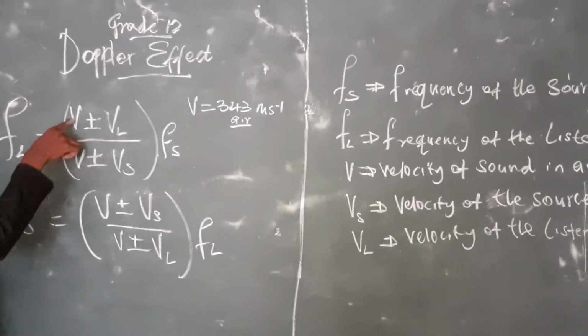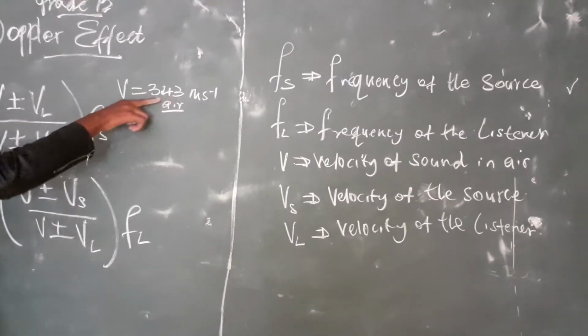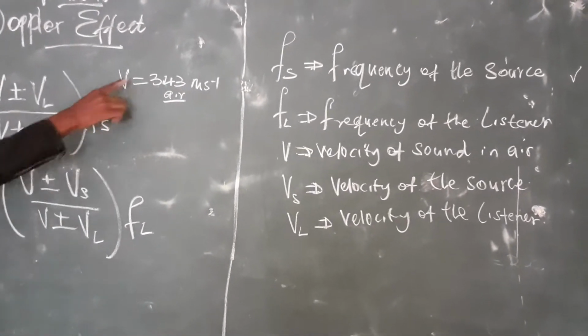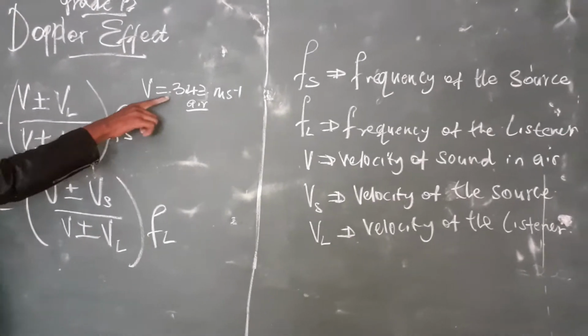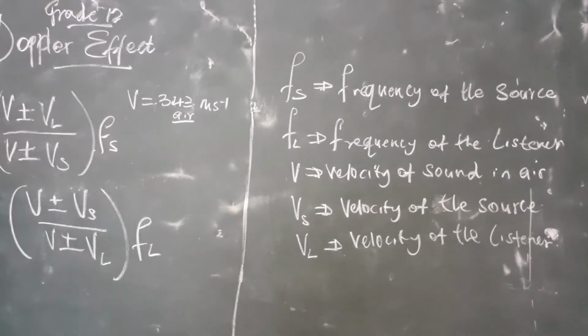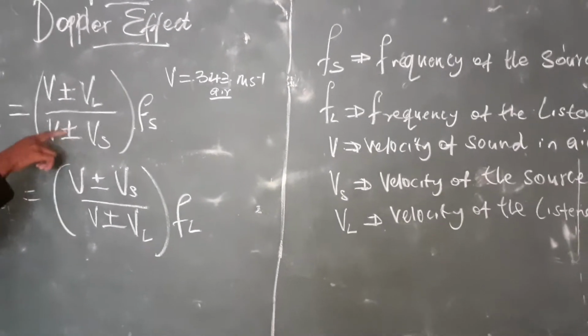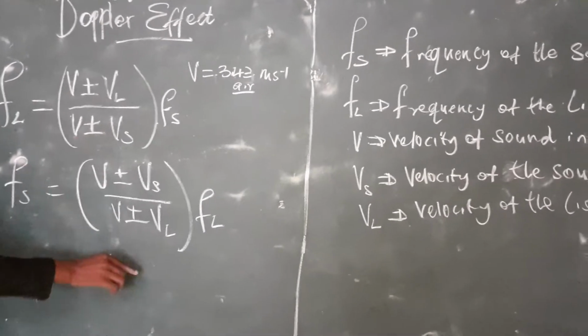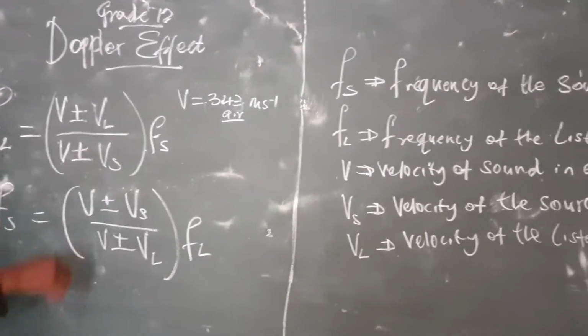Here also the speed of sound is 343 meters per second, where plus or minus is the direction in which the source is coming to you or moving away from you.